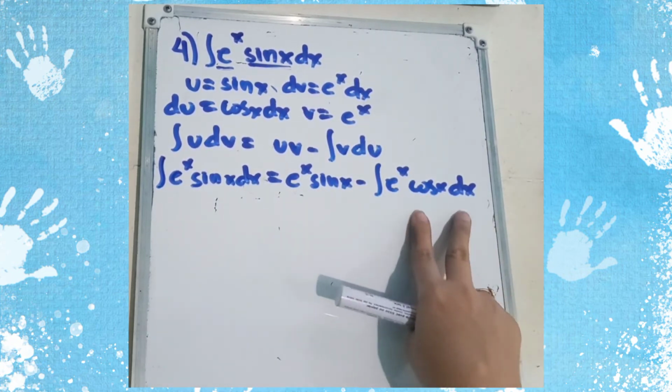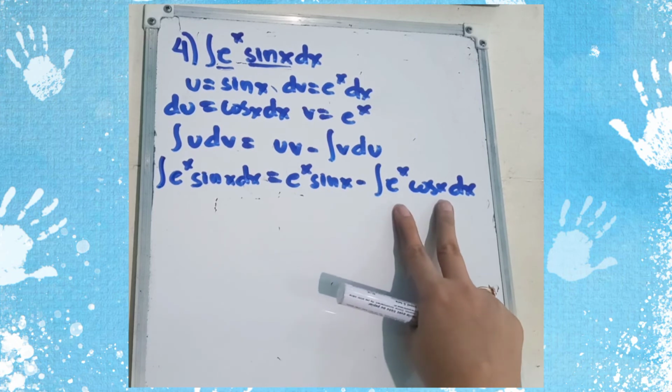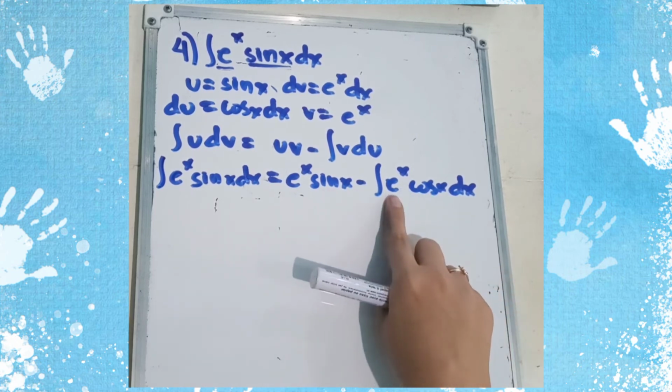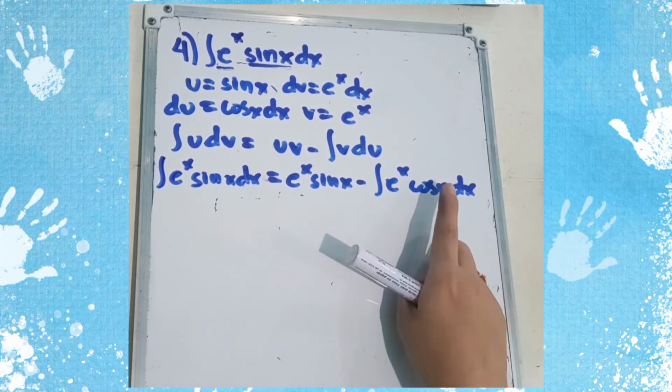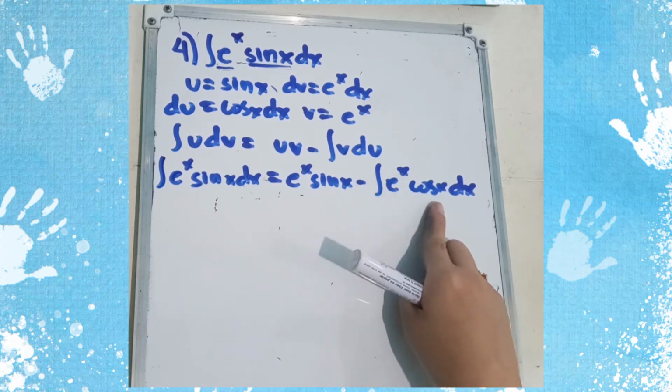since this is still a product of two functions, an exponential and a trigonometric. Same with the previous example, we will still be applying integration by parts for the second time.